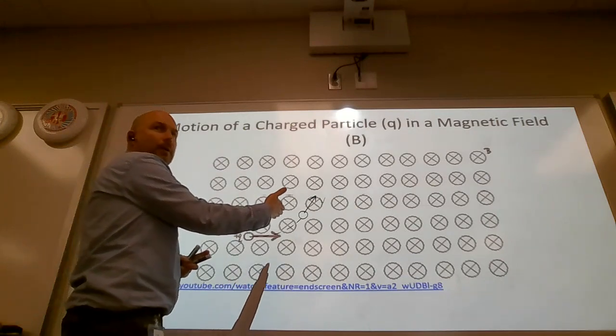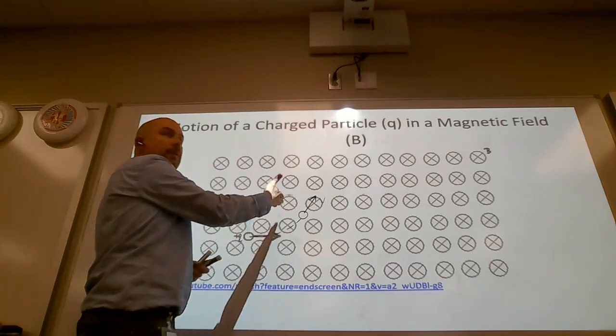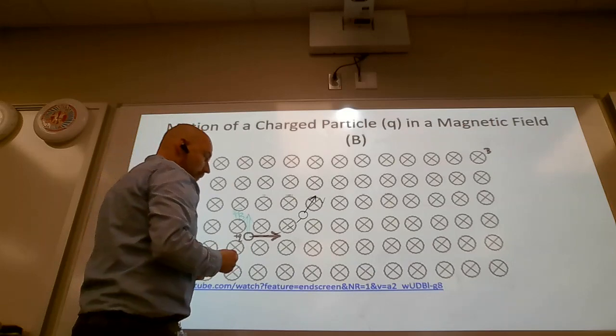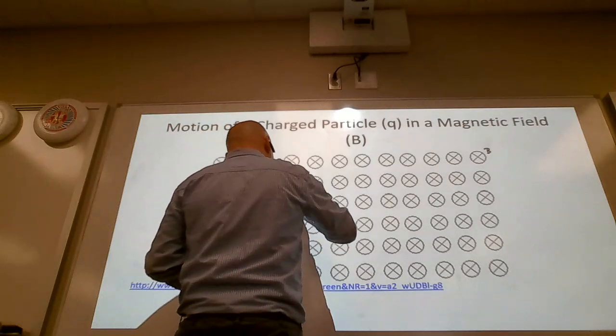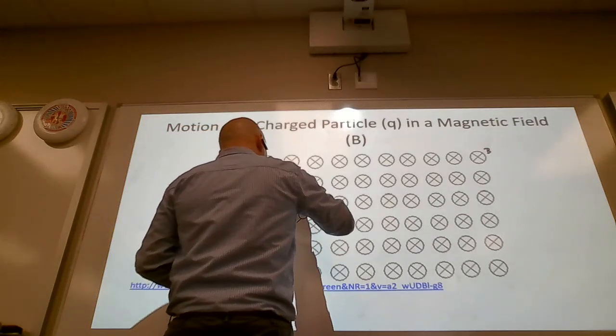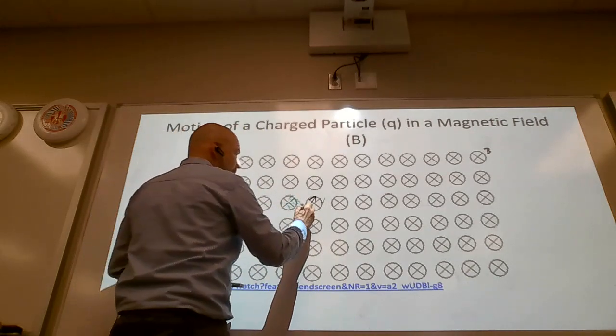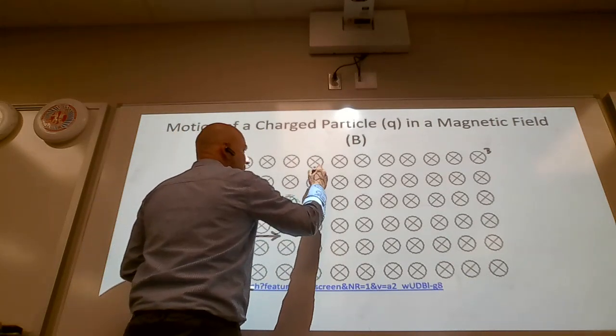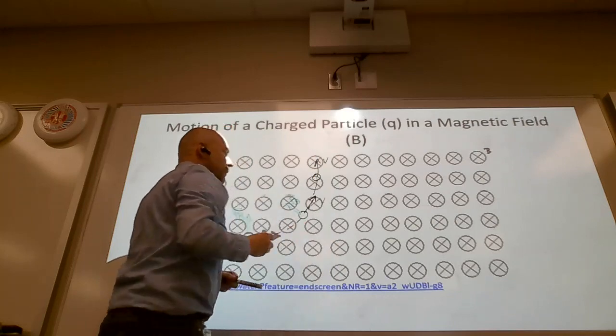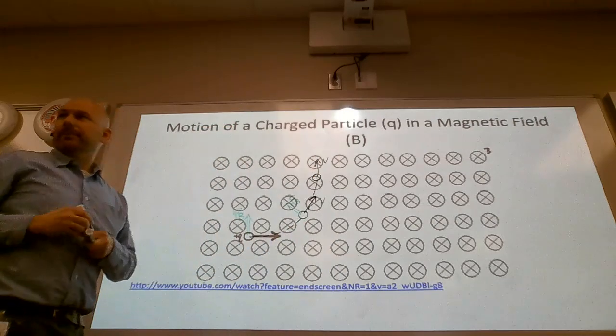Finger's still going in, thumb's going this way, it's going to be forced this way, perpendicular to the velocity and magnetic field. Time goes on, it's now going this way. Which way is it going to be forced?